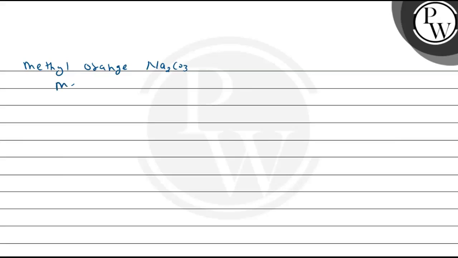So milli equivalent mass of Na2CO3 will be equal to milli equivalent mass of H2SO4 used in this titration. As we have calculated in the previous part of our question, milli equivalent moles of H2SO4 are 1.2. So from here we can say that milli equivalent of Na2CO3 are 1.2.